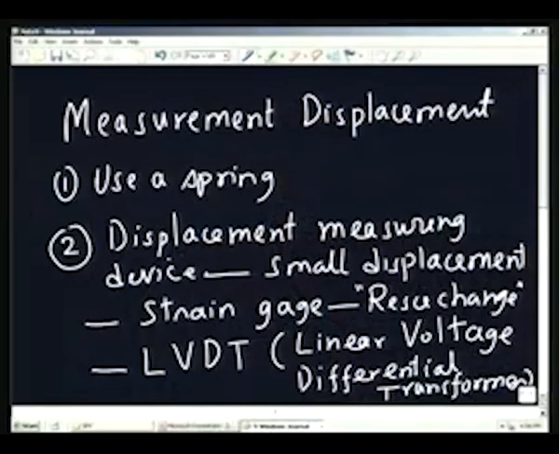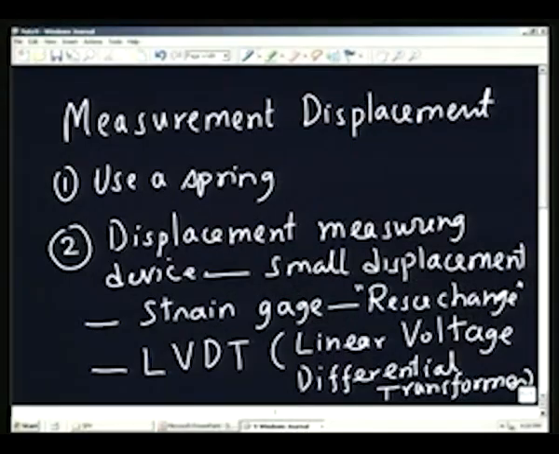In the case of LVDT, the displacement is going to be communicated to this differential transformer, and it is going to give an output which is designed to be linearly dependent on the displacement. We will be very happy to have a linear relationship because it is easy to model, and therefore, LVDTs can be used for measuring very small displacement.